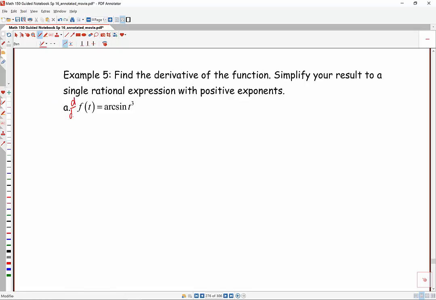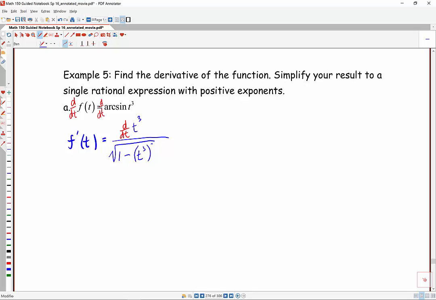What we're going to do here is f prime at t is equal to, we need to differentiate with respect to t the inside of the arcsine function, and then divide that by the square root of 1 minus what's inside, which is t cubed, and that's got to be squared. I'm just using the formula.